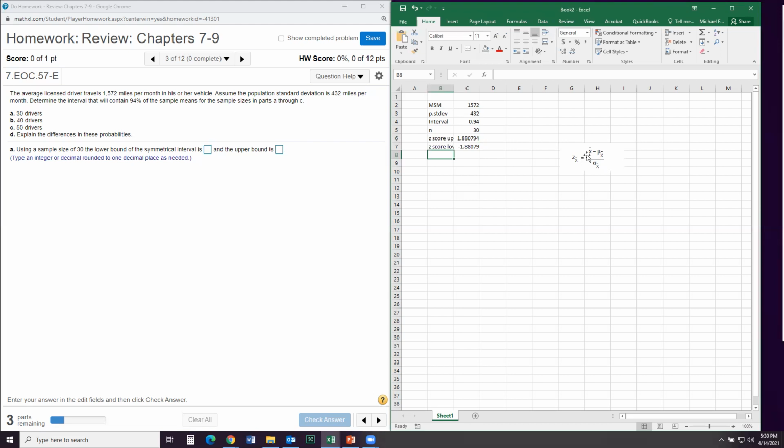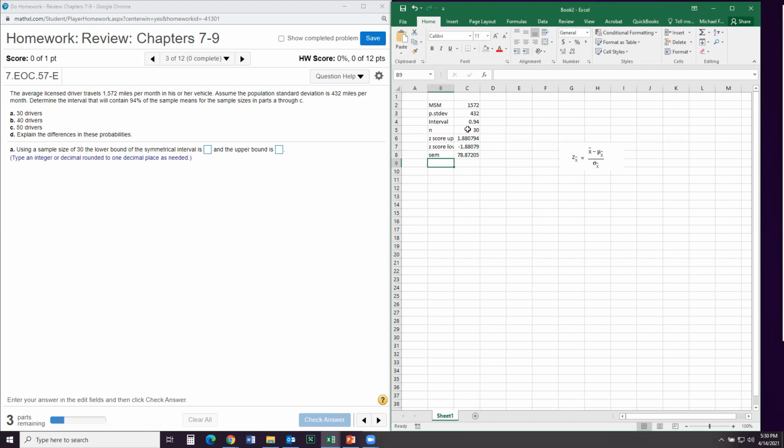I need to solve for x bar. I know my mean of the sample means, this number right here, but I don't know my standard error of the mean, so I need to calculate that. My standard error of the mean is always equal to my population standard deviation divided by the square root of n. There we go. So there's my standard error of the mean. All right.